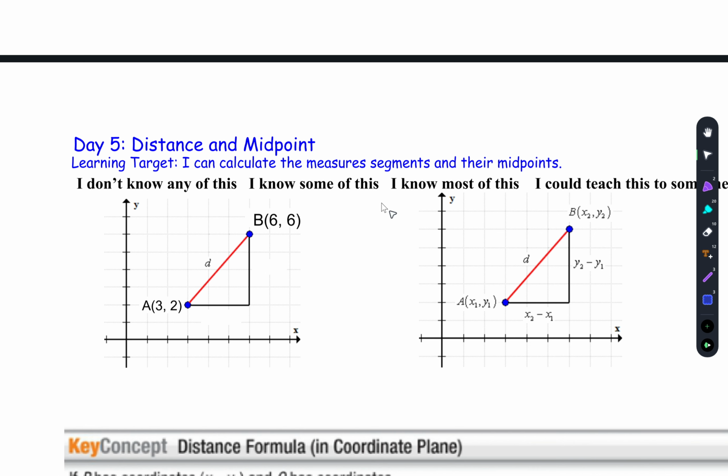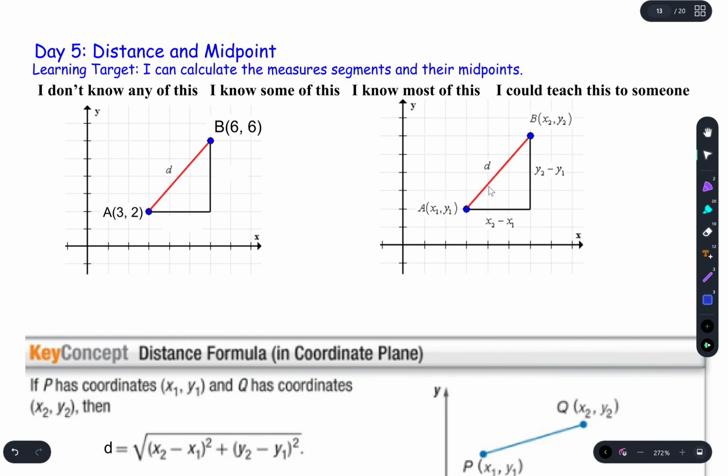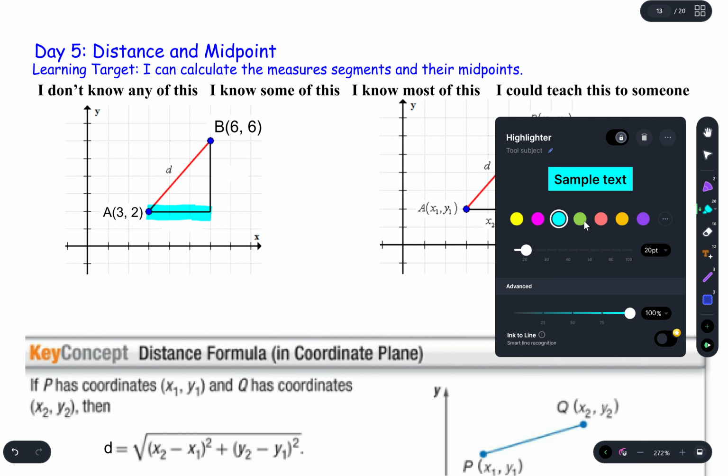So if we look at this graph on the left here, I have 2 points, A and B. That segment in red represents the distance between them. Rather than try and figure that out using my distance formula, I draw a right triangle by connecting them up horizontally and then vertically.